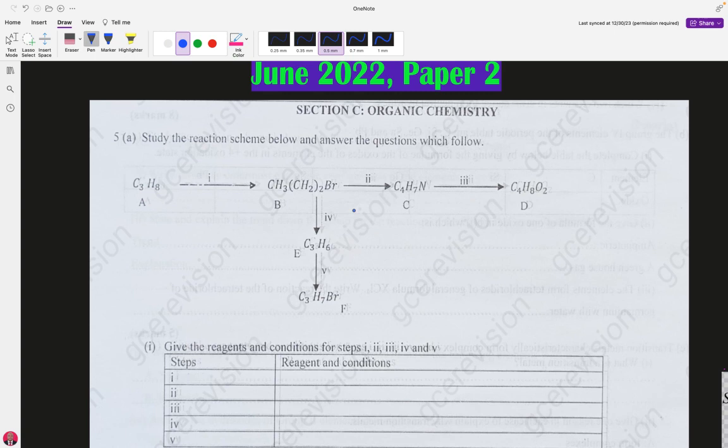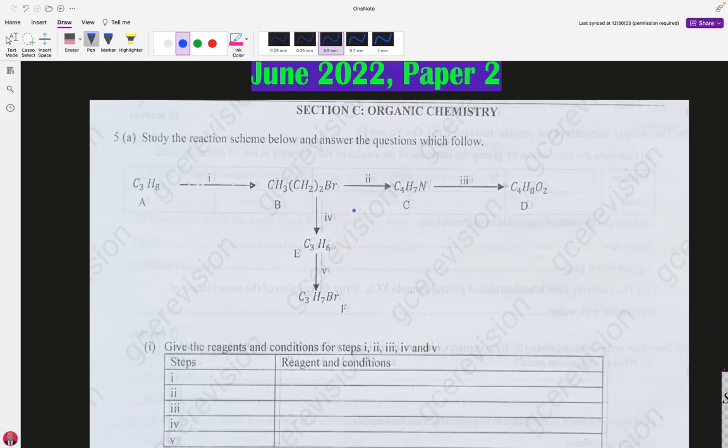It is really a substitution reaction, a free radical substitution reaction. So for step 1, we are converting a hydrocarbon to a haloalkane.